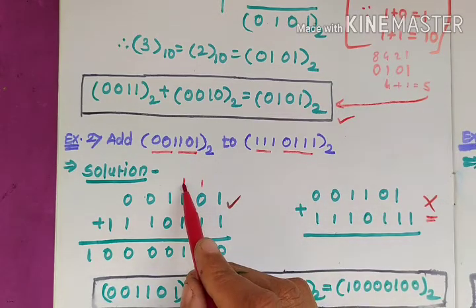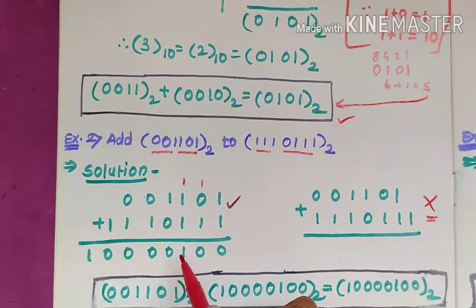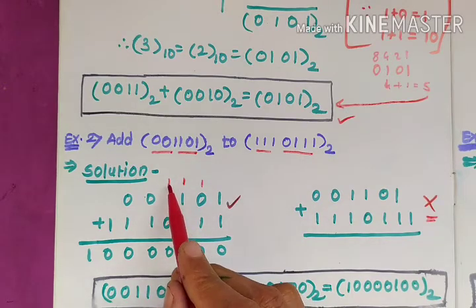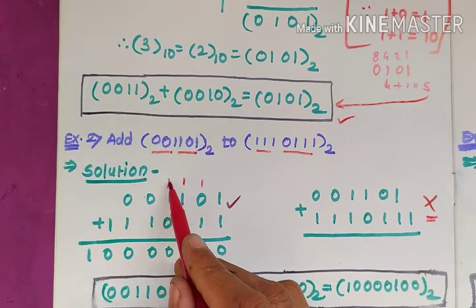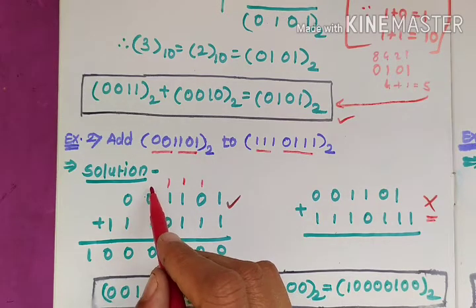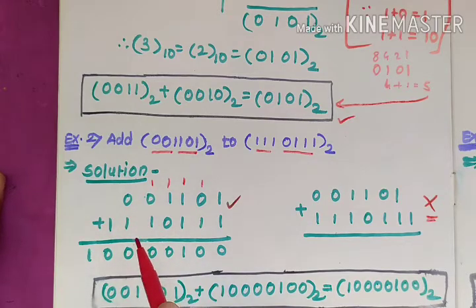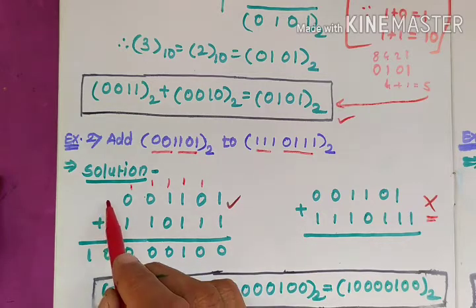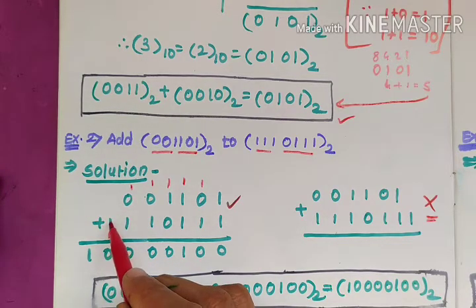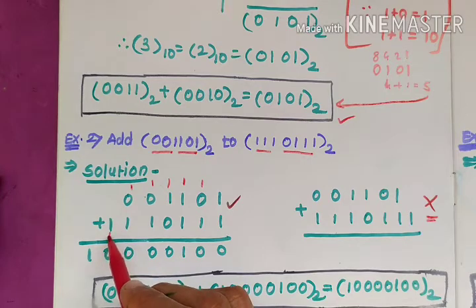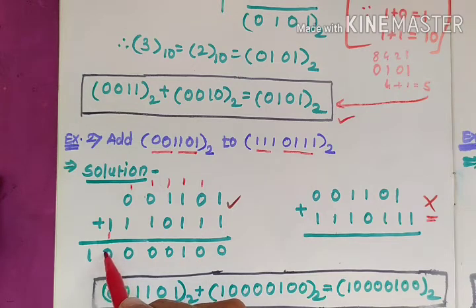We know that 1 plus 1 plus 1 is sum 1, carry 1. Then this carry 1 plus 1 is 0, carry 1. Again 1 plus 1, sum 0, carry 1. At last we have to add this MSB to this carry 1. So 1 plus 1, sum 0, carry 1.